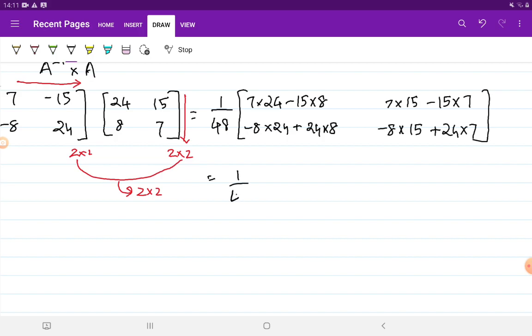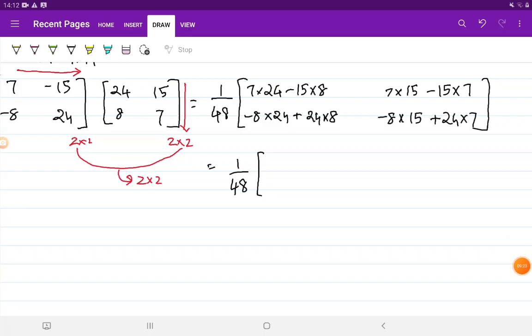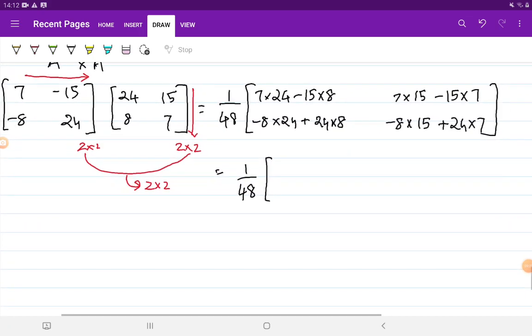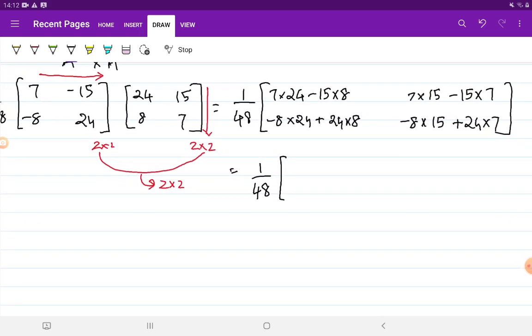That gives me 1 by 48 into, that is 48. 7 into 15 and minus 15 into 7 gives me 0. Minus 8 into 24 plus 24 into 8 gives me 0.